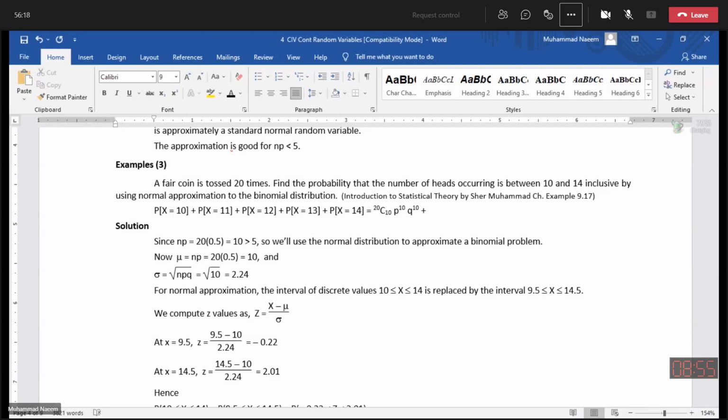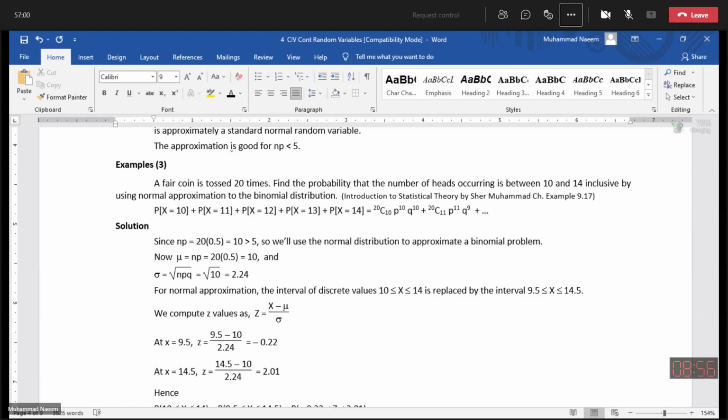Now the probability for x equal to 11 will be like this. 20C11 will be the coefficient, p power 11 definitely, and the rest of the figure will be for q power. The others are the failures, which are 9. Other than 11, we have 9. And so on.